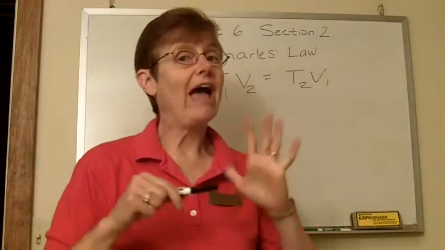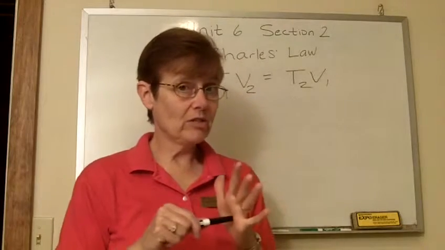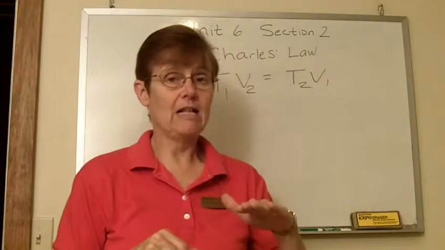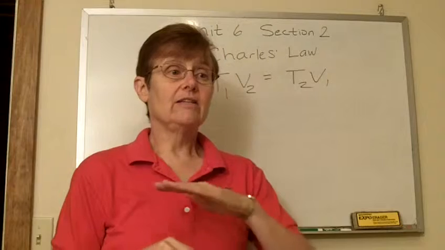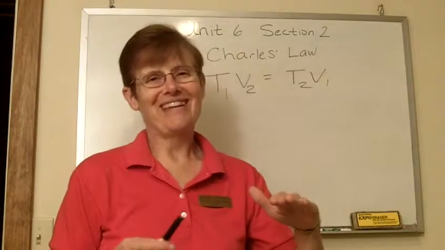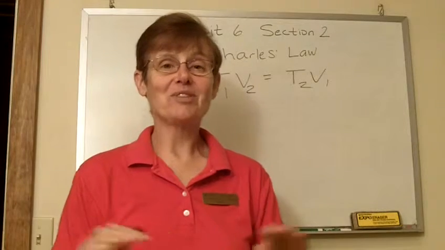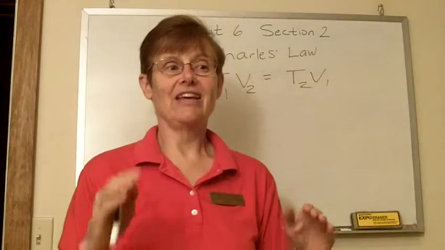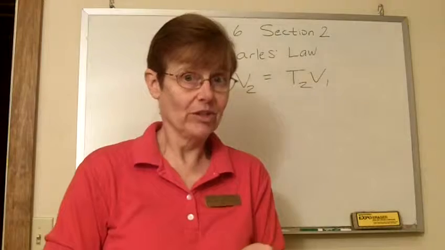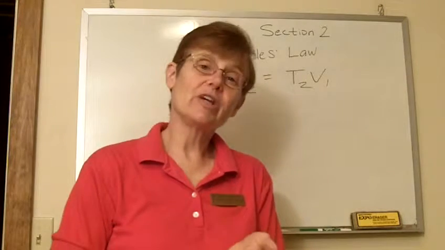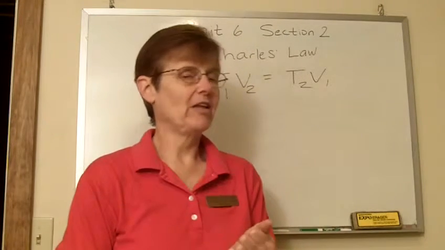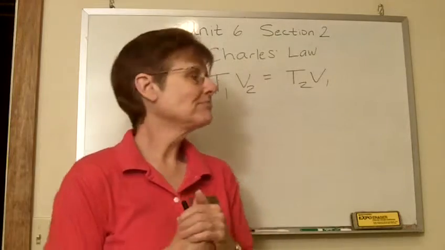But for temperature, you have to use Kelvin, because we have to be using a system where 0 means 0. And in the Kelvin scale, 0, well, I was going to say degrees, but kelvins don't use degrees. 0 kelvins means absolutely no heat, just like 0 volume would mean absolutely no volume. So it's important that we use a system that works that way. Otherwise, we don't get good answers at all.